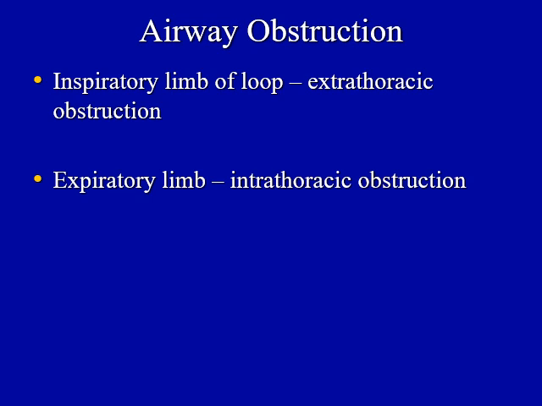What will happen here is during spontaneous breathing, there is a negative pressure in the airway. Because of this negative pressure, and above that a positive pressure from the thyroid gland, that causes compression of the trachea. So only the inspiratory part of the loop will be affected.